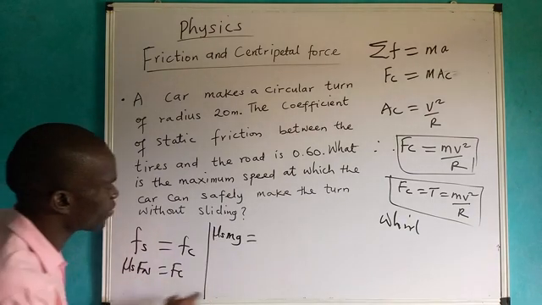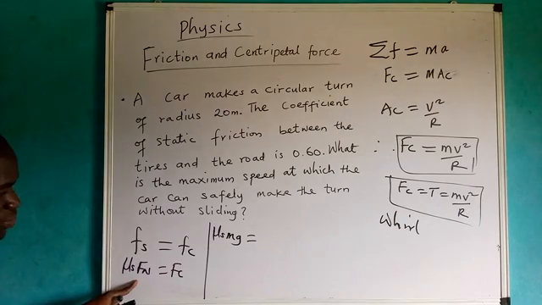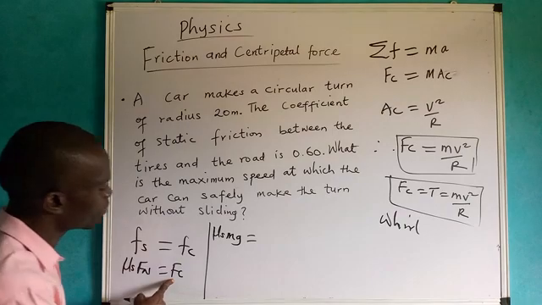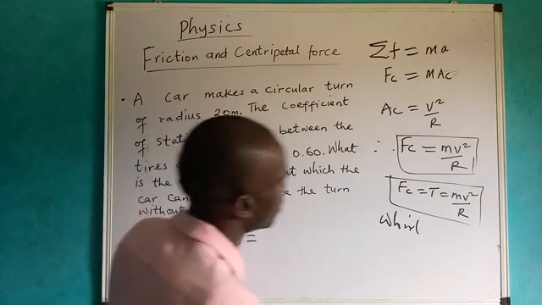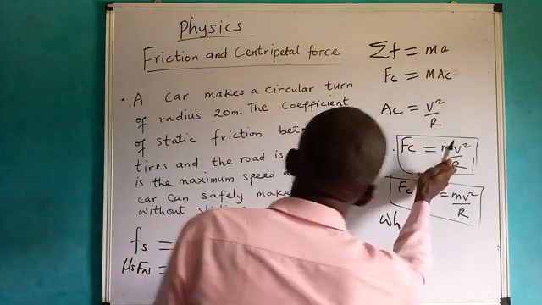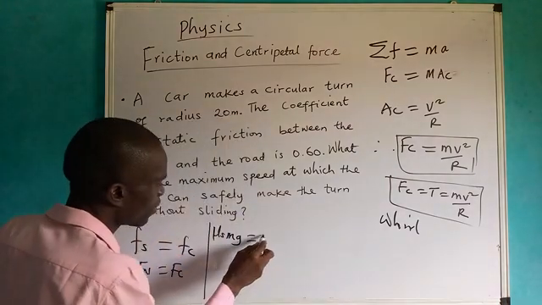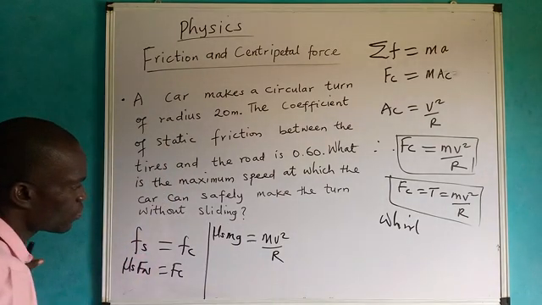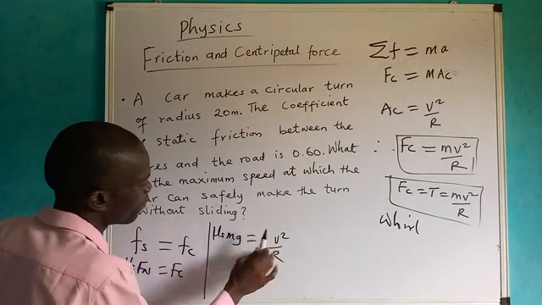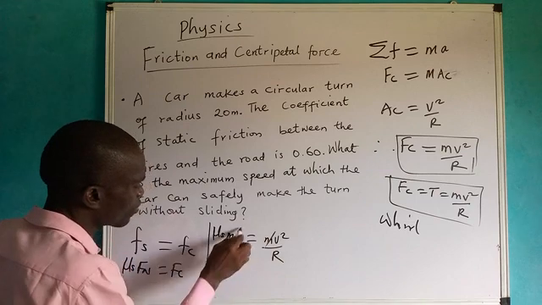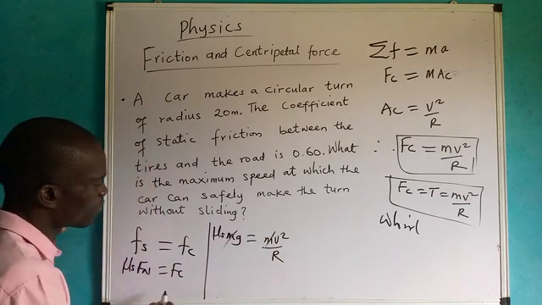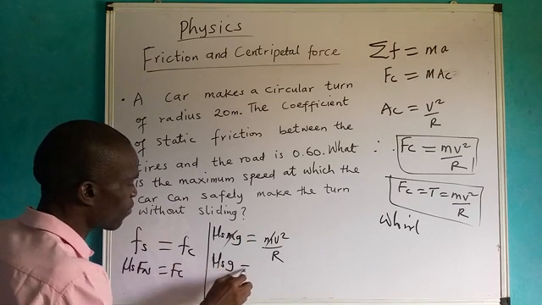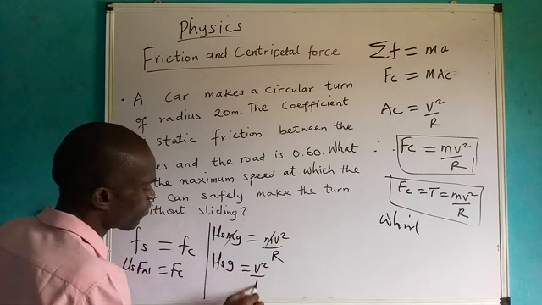And Fc, the centripetal force, we have done before: it is mv squared over r. Therefore, we can cancel out the m, and we are left with mu s g equals v squared over r.